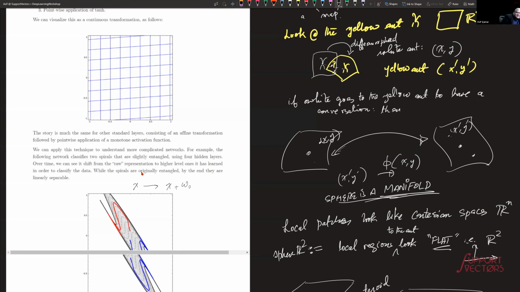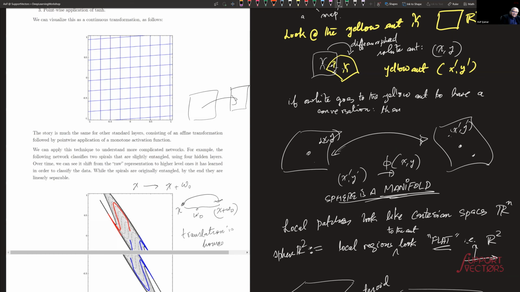All you have done is take a point and move it by omega naught. If you take a plane and shift every point, will it still smoothly transition to the other plane? Yes. A translation, therefore, is a homeomorphism. This is easy.